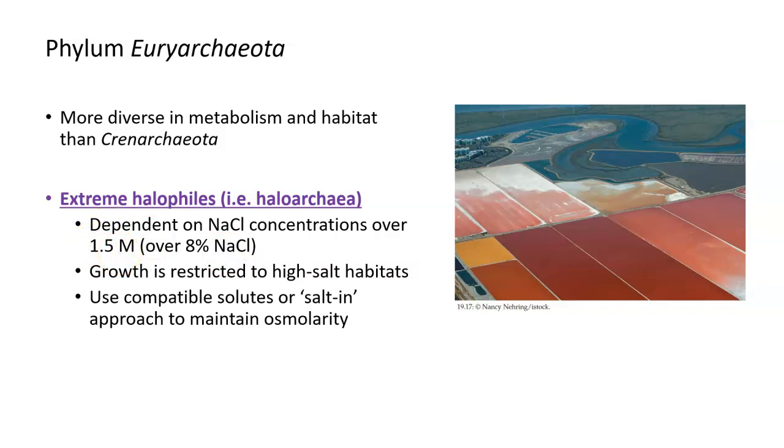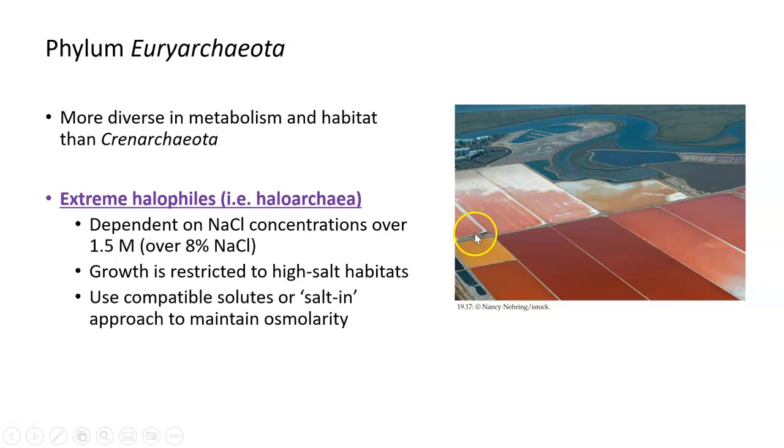For reference, any plates that we generally grow bacteria on in the lab have about 1% NaCl, or 1% salt. So this is a much higher concentration of salt that these archaea enjoy, and they actually require it to grow. They're unable to grow in places that don't have that level of salt.